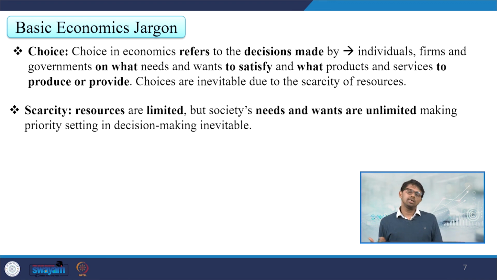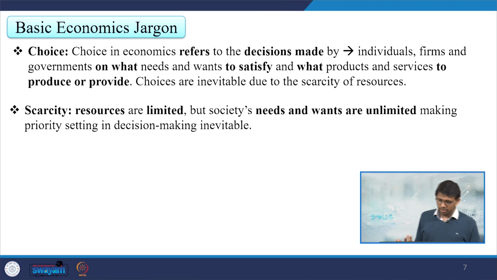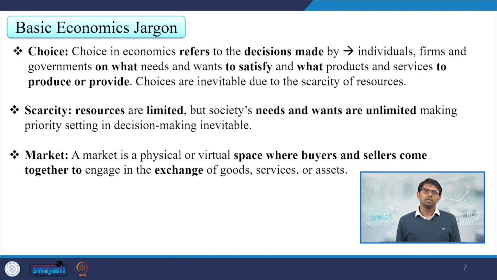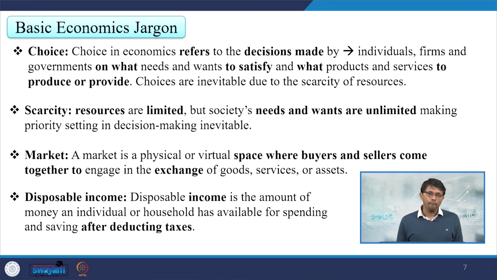Scarcity is attached to the availability of limited resources, and since society's needs and wants are unlimited, decision making is very important. And the role of the market: a market is a physical or virtual space where buyers and sellers transact their contracts and exchange goods, services and assets to find the best value.